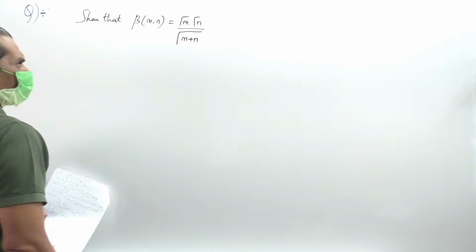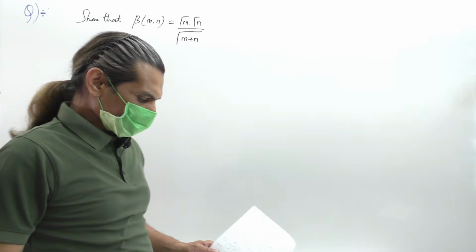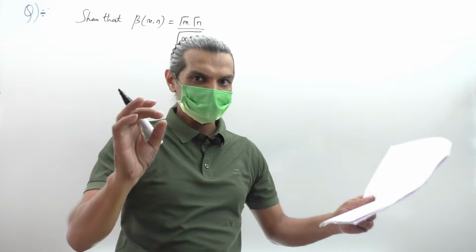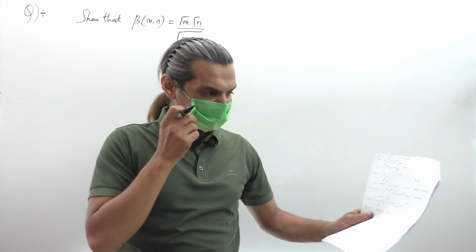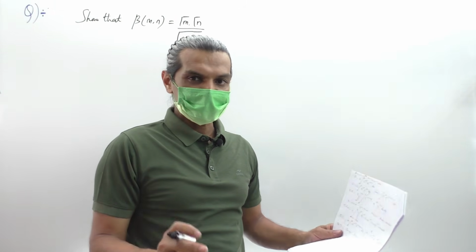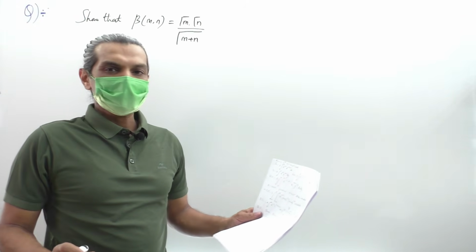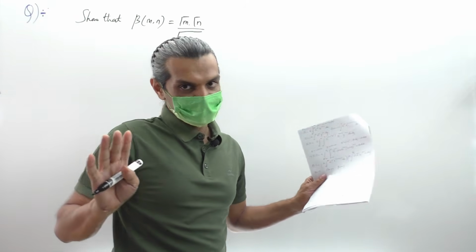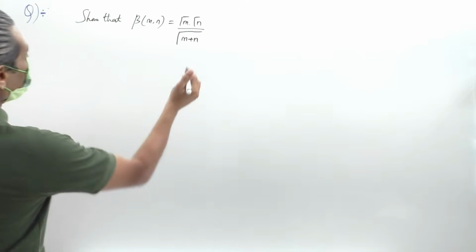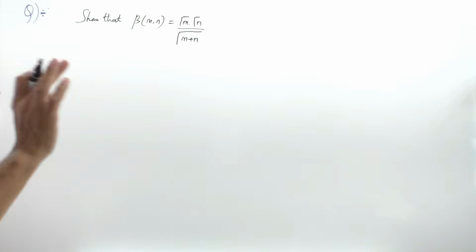Very important derivation from beta gamma functions, repeat questions in examinations. So let's solve it in the simplest way possible. Please pay close attention and practice along with me, so that you do not lose even a single mark here.